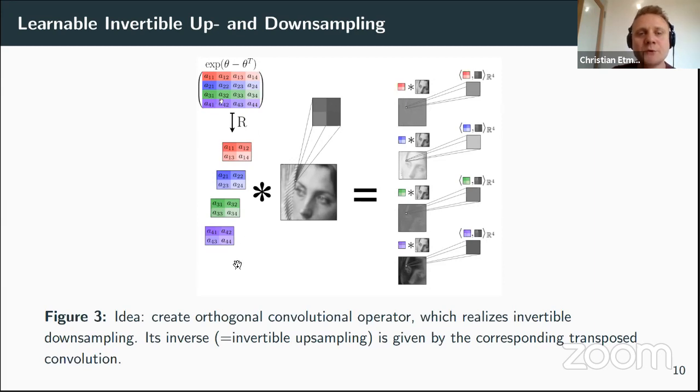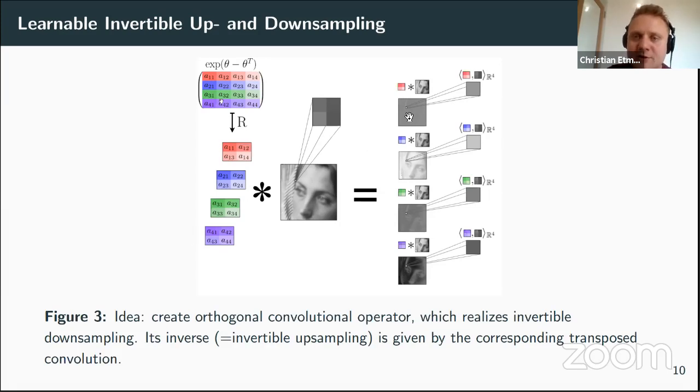This will produce an orthogonal downsampling operation, meaning that if we convolve with a stride of 2 in each direction, each group of 2 by 2 pixels within the input image gets convolved with each one of those 4 kernels.